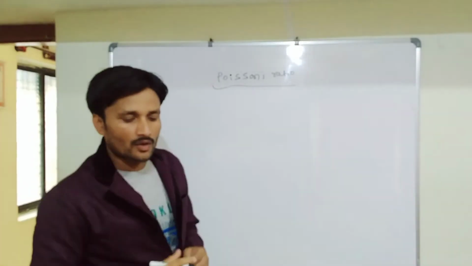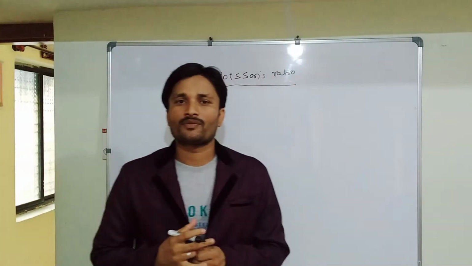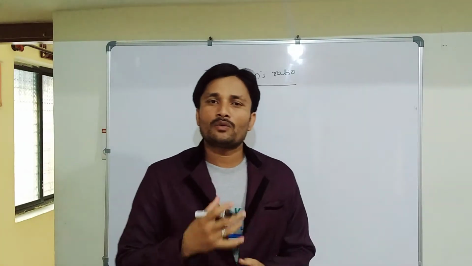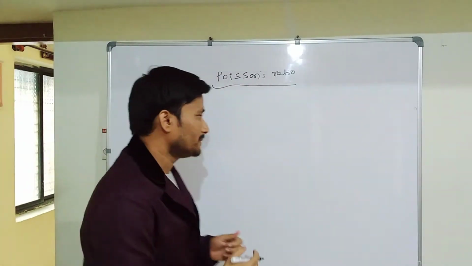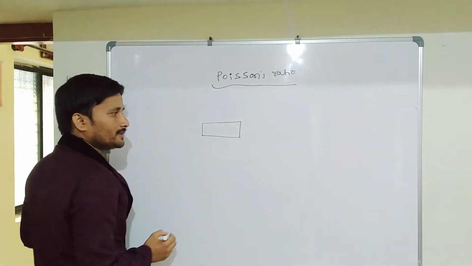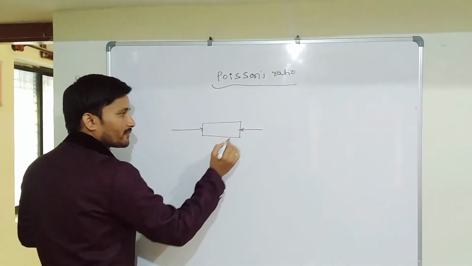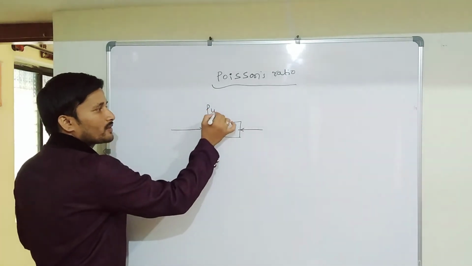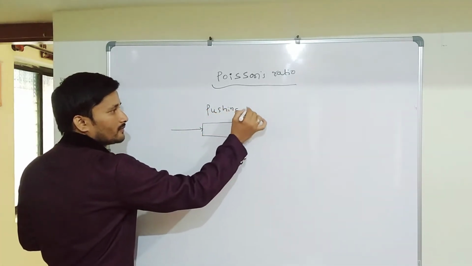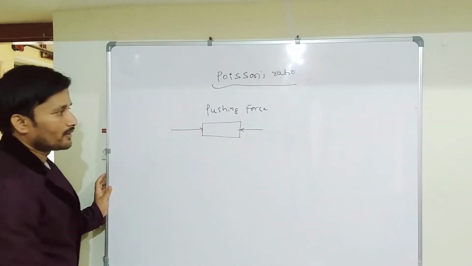Okay. So now we are going to define this word. What exactly do you mean by Poisson's ratio? Whenever a body is subjected to a stress, for example, here I have a body. When I apply the stress to this body, here I am applying a pushing force from the two ends.